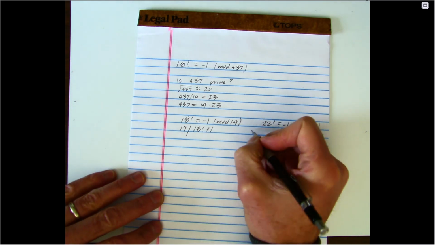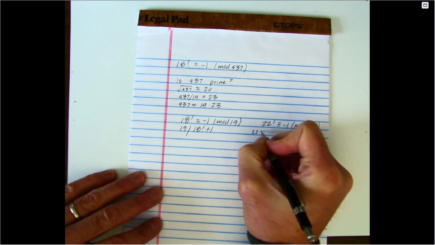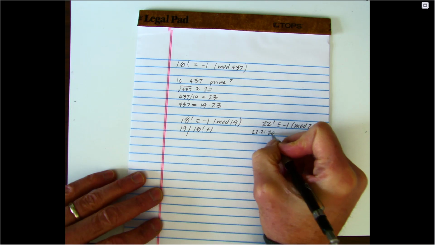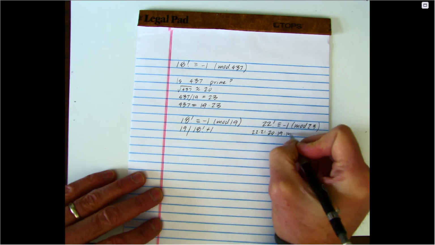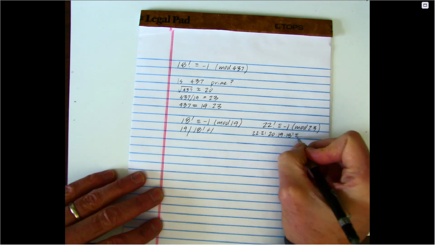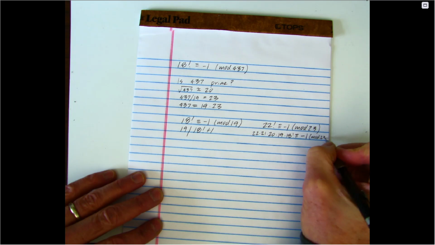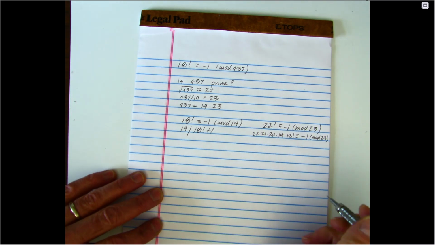What we could write is that this is the same thing as 22 times 21 times 20 times 19 times 18 factorial, on the left-hand side, congruent to -1 mod 23. Sorry, I'm going off the page there. I should have given myself a little more space.